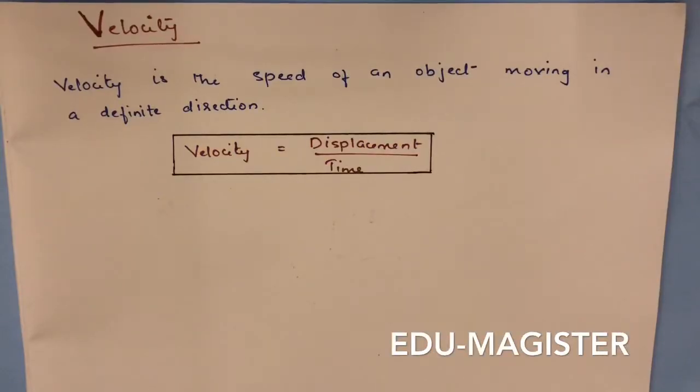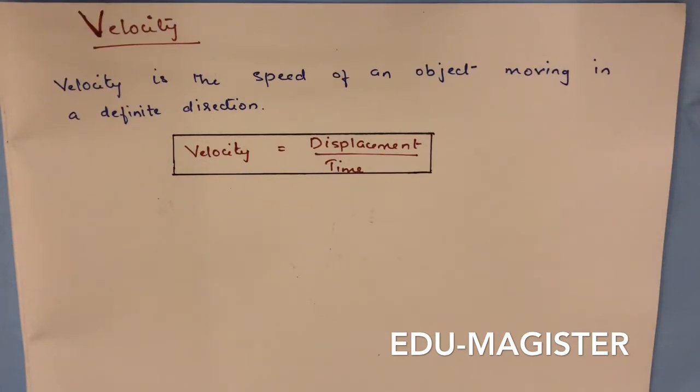Now that we have discussed what is speed, let's see what is meant by velocity. Velocity is also a speed, but it specifies the direction the object has traveled. That is, apart from specifying how fast the object has moved, it also talks about the direction that the object has taken.